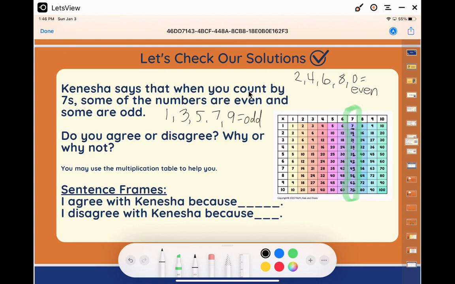Well, when we take a look at the digits here, I'm going to rewrite them on the bottom so that we can see. I'm not going to write the whole number. I'm going to write the last digit, the digit in the ones place, so that we can look at them.